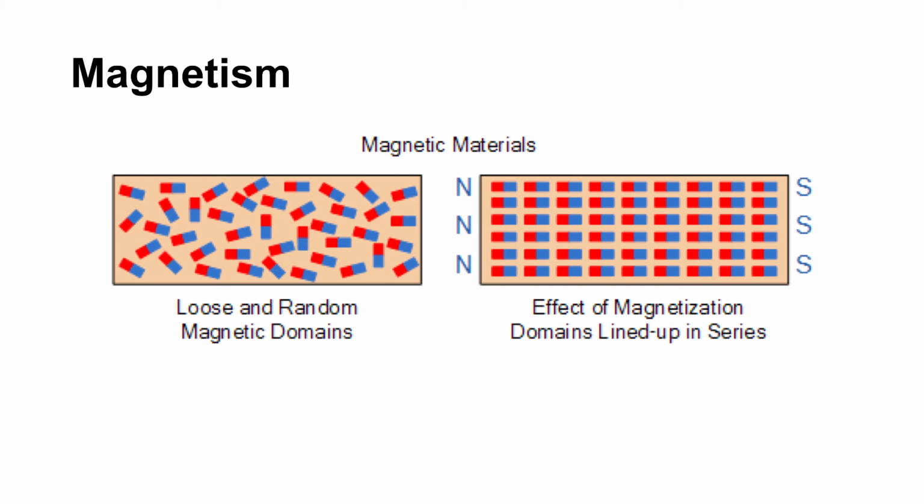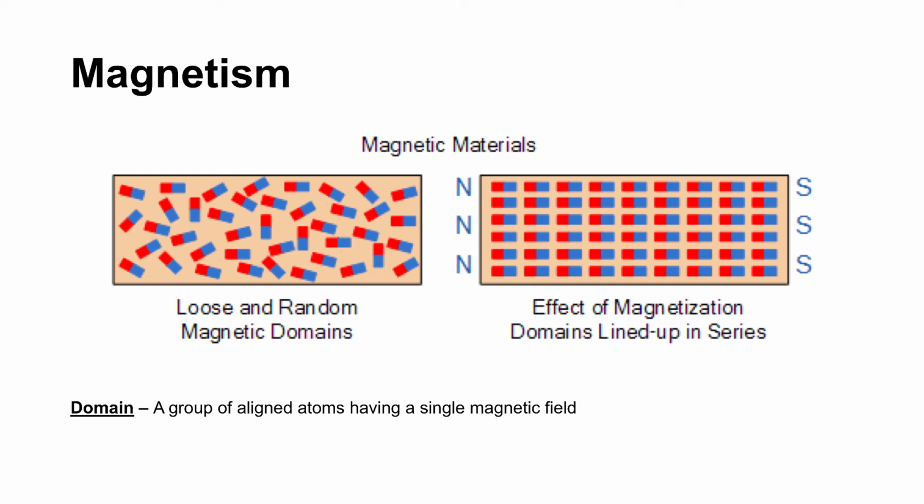Now every material has atoms and electrons that are moving and spinning, and all of these produce something called domains. A domain is a group of atoms that have lined up and have produced a magnetic field, and this is shown on the left, the usual situation in most materials. Most materials have loose and random magnetic domains, and that's why most materials that you run into do not exhibit magnetic properties.